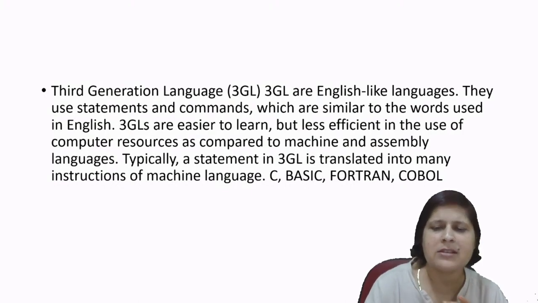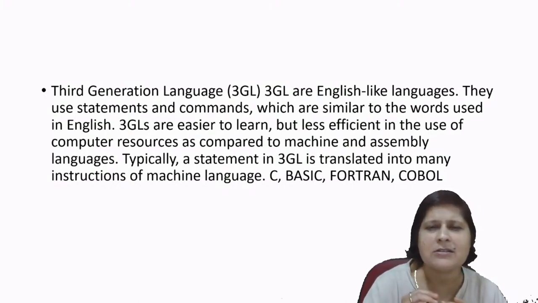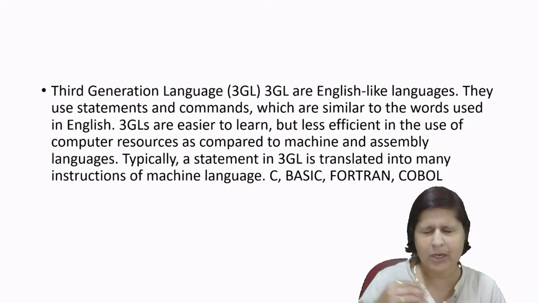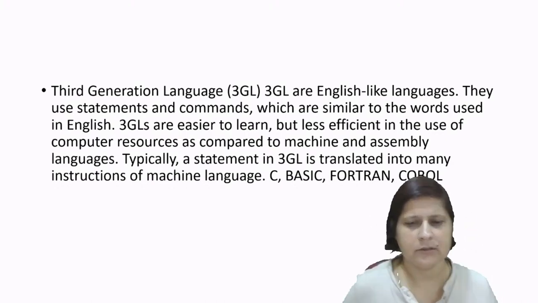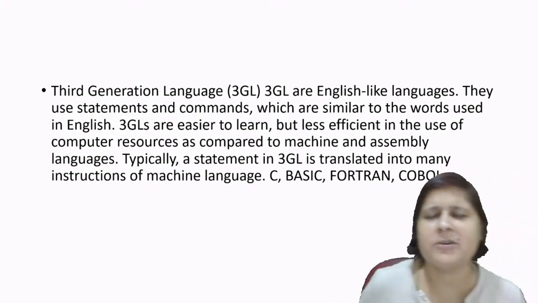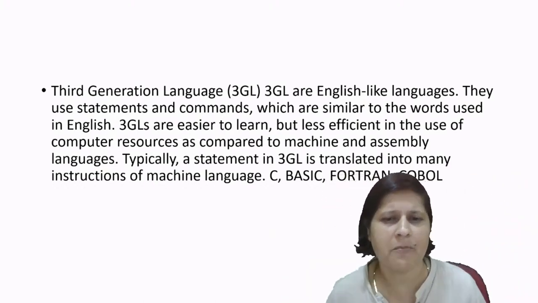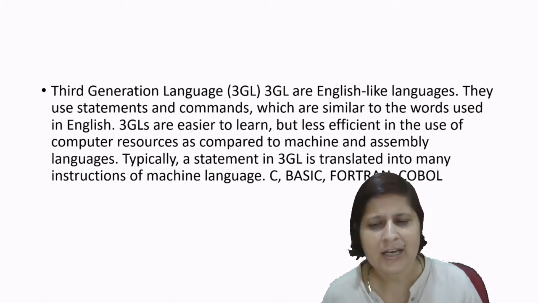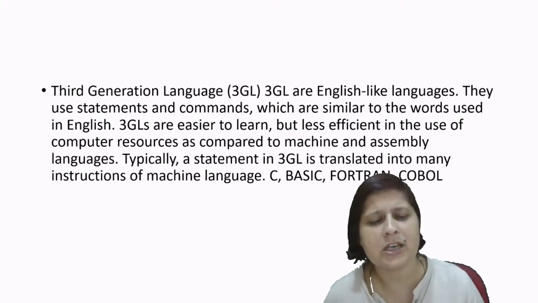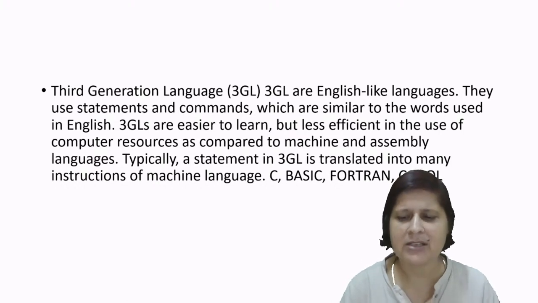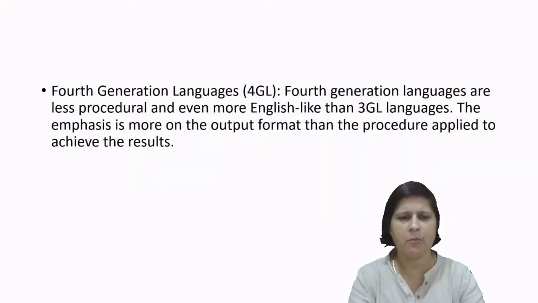But the problem is it uses computer resources less efficiently, because this language has to be converted into assembly or machine language, which takes time and decreases the efficiency of the computer resources, right? And again the disadvantage of 3GL was that it was again machine specific, right? Examples were C, Pascal, Basic, Fortran, COBOL.